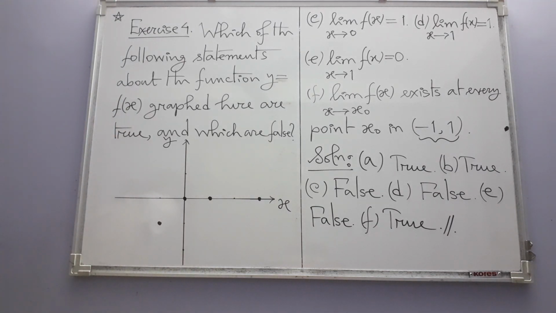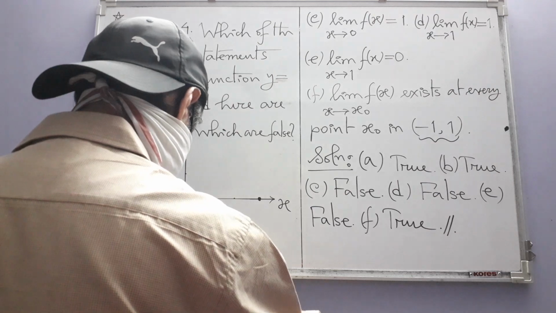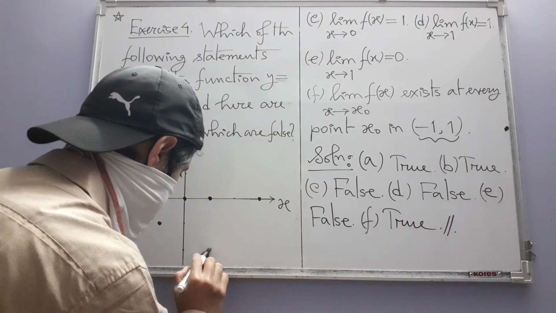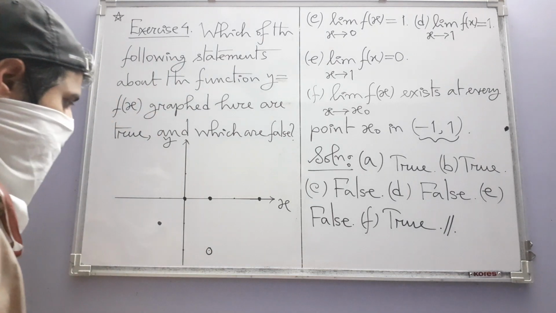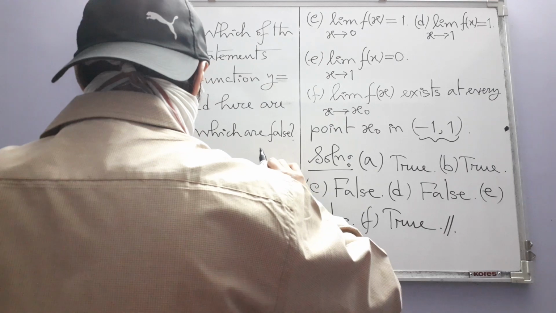Okay, and there are 2 white circles. One white circle lies here, and another one lies here.